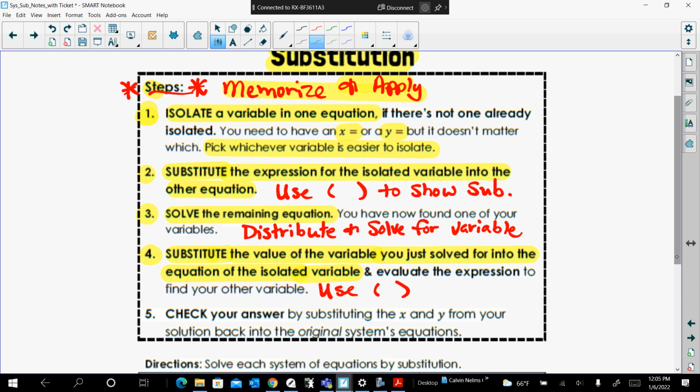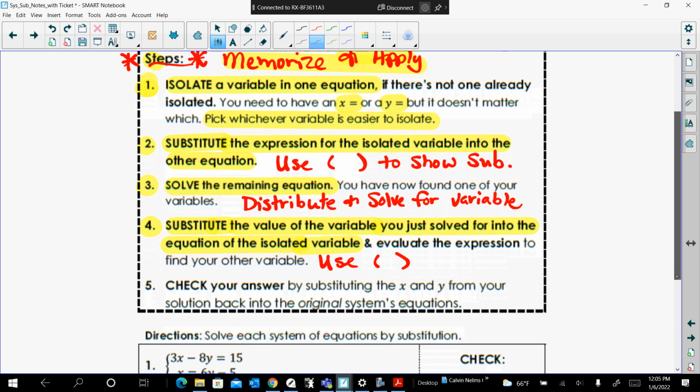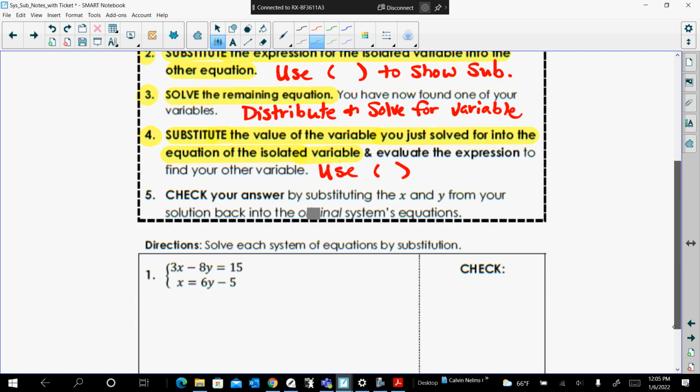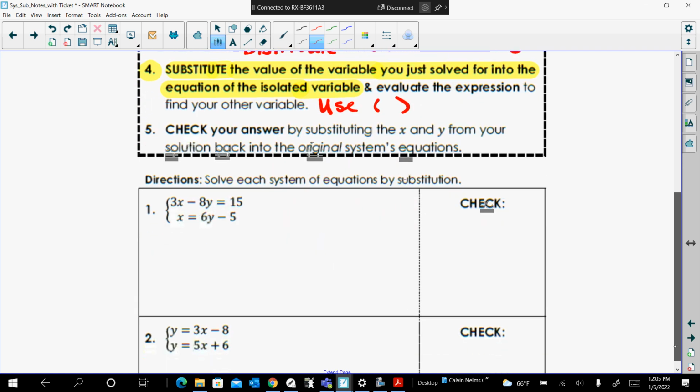All right, so we're going to practice. I'll just state the step, or I'll have you state it. Look at the example on number 1. What was step 1 again? Okay, so yes, thank you. Look at the 2 equations.